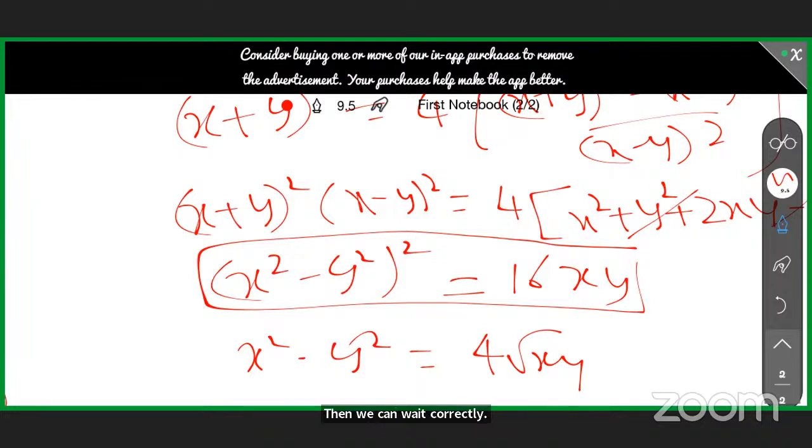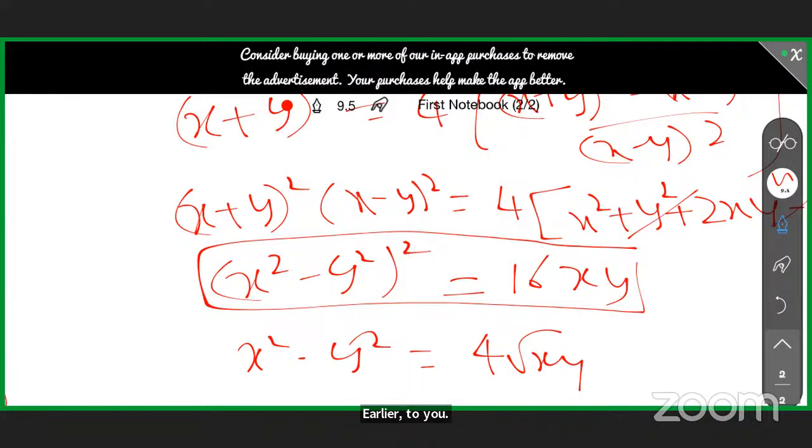Pardon? No, I'm taking square root. Square root means root of 16 is 4. Square root of x and y is root xy. In the upper equation, sir. I get you, the upper equation.